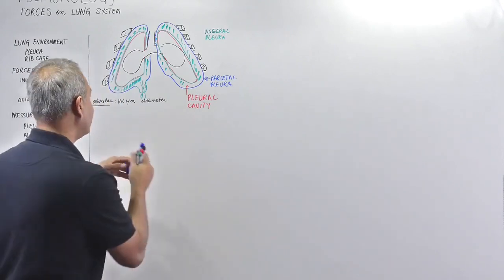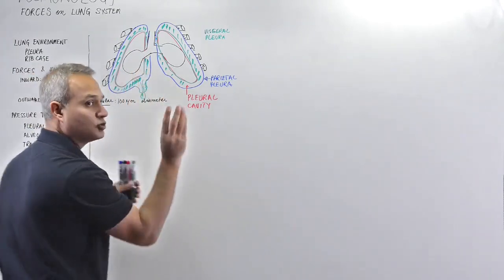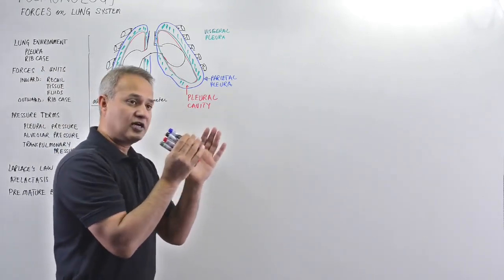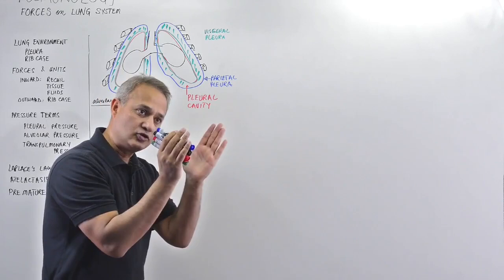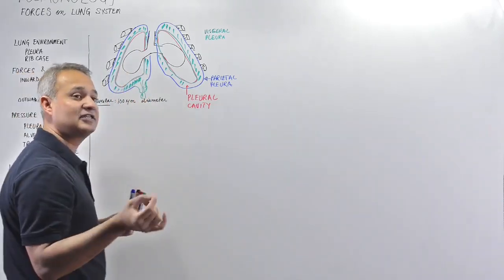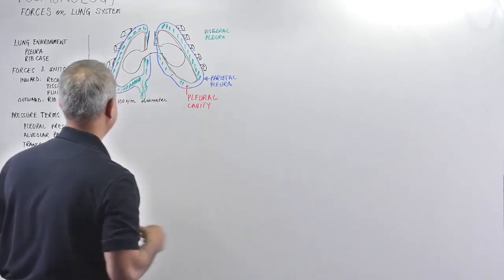What is that suction effect? It would try to stick the visceral and parietal pleura together. It is like if you take a balloon-like structure and suck from it, it would collapse and the two walls would try to stick with each other. That is the effect of lymphatics, and it is an important effect to keep in mind when doing physiology.